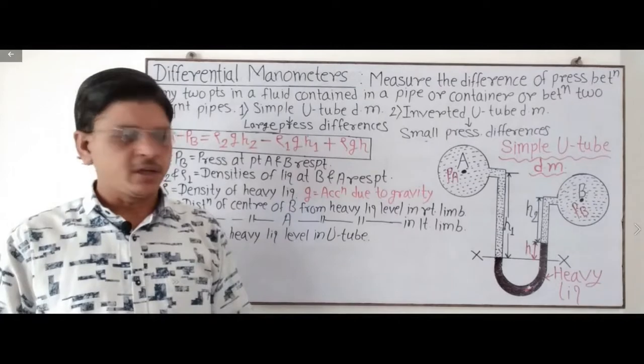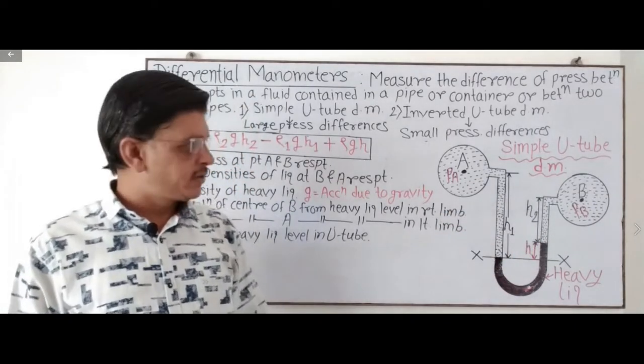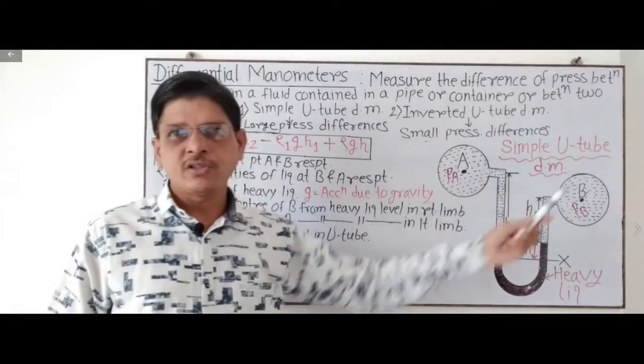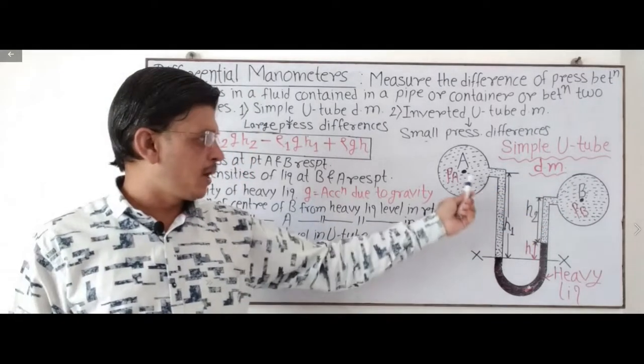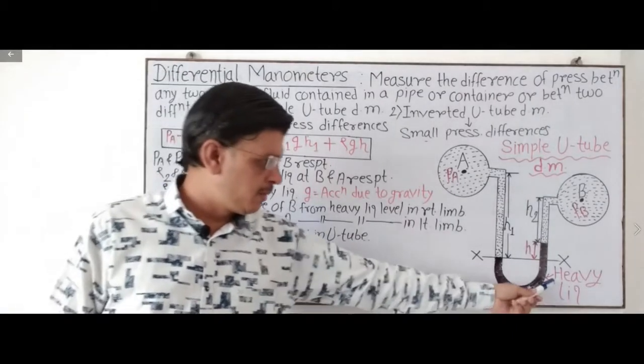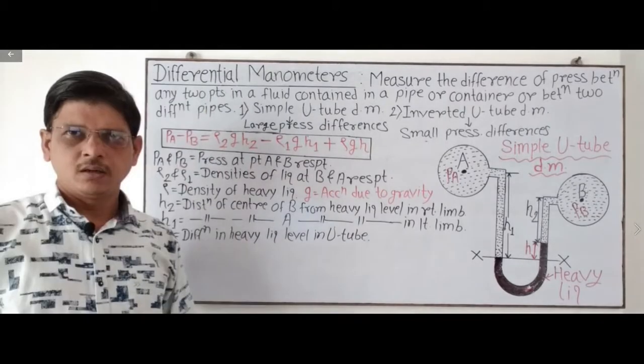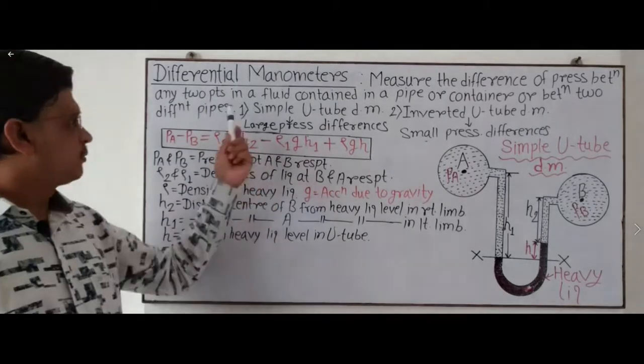A differential manometer consists of a U-tube of which 2 ends are connected to the points where difference of pressure is to be measured. The tube contains a manometric fluid that is a heavy liquid like mercury. Differential manometer is of 2 types.